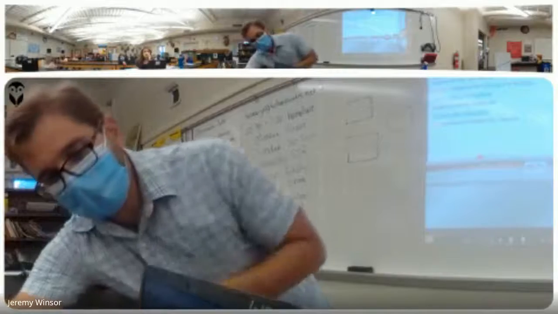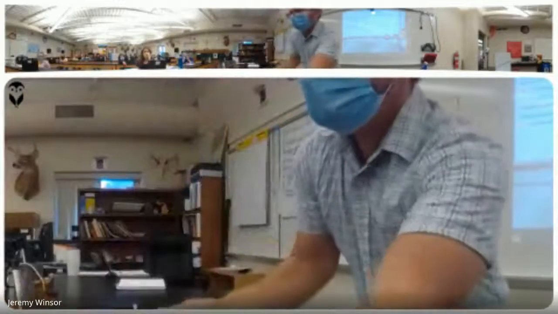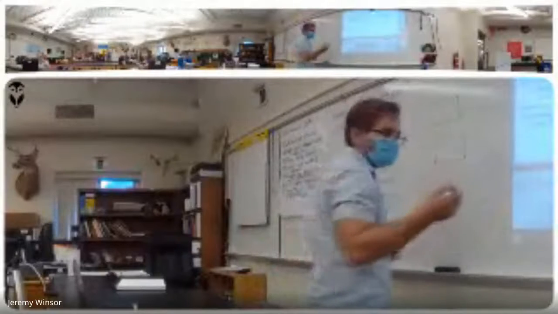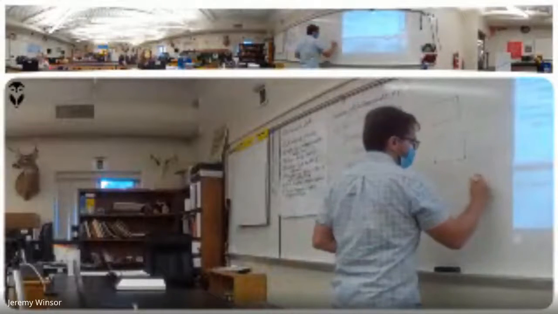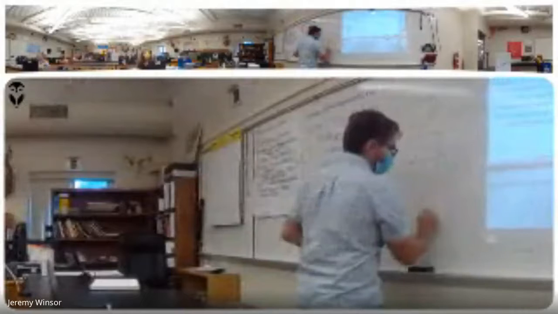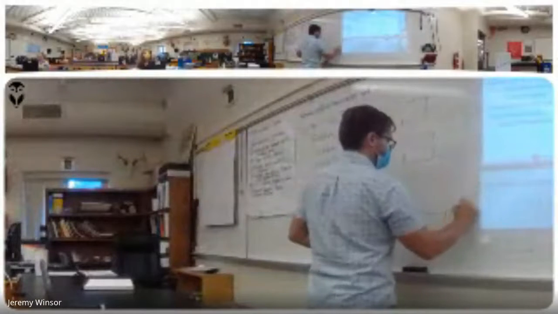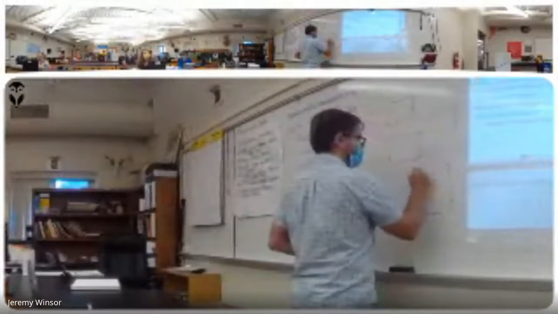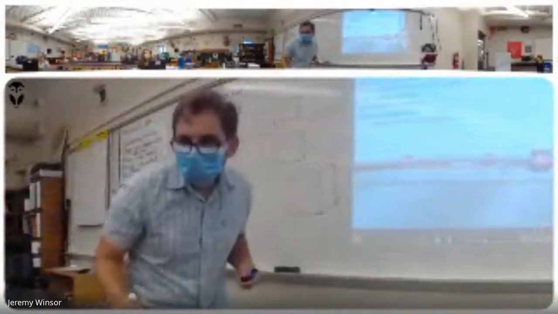So, okay, I think I can see what you're saying. So, this is what I'm seeing. I'm seeing kind of the whole 3-dimensional drawing of a cube. Like this? No. Ignore the boxes. Oh, ignore the boxes.